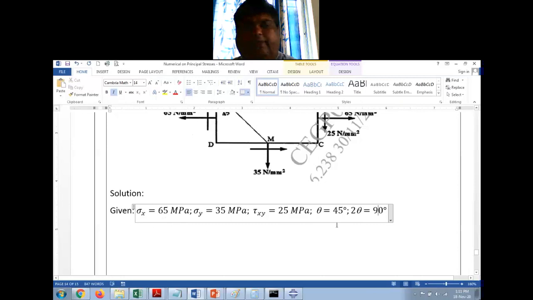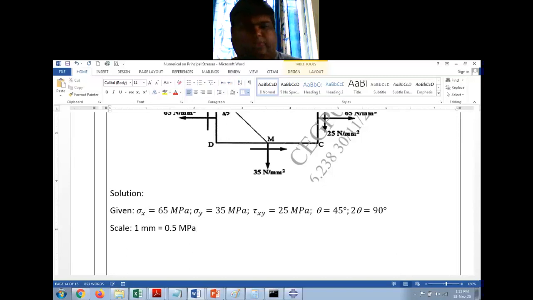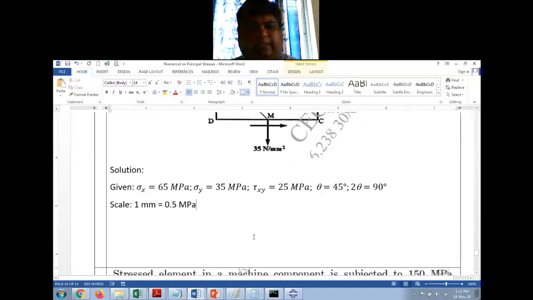So I will take an enlarged scale, 1 mm is equal to 0.5 megapascal. I think this should be fine. So this will become 13 centimeters. 13 centimeters is sufficiently large, right? Now using this scale, we will be drawing the Mohr circle diagram.